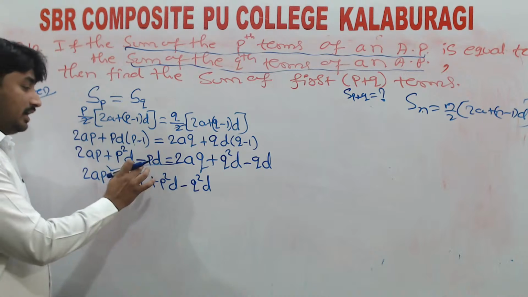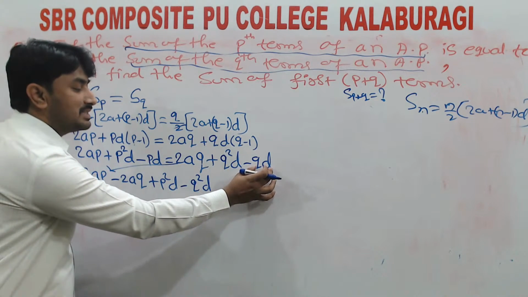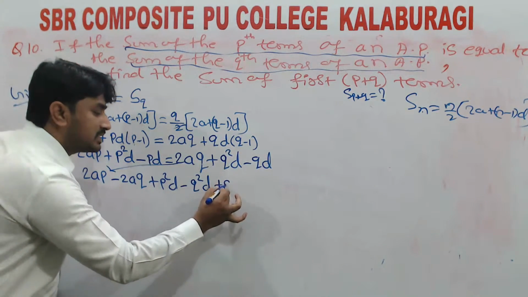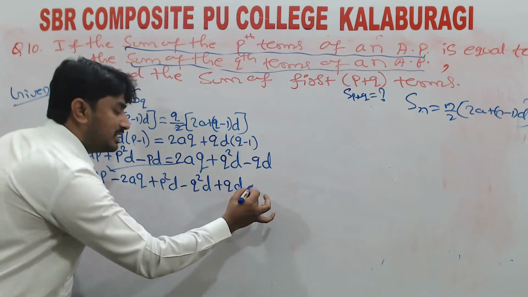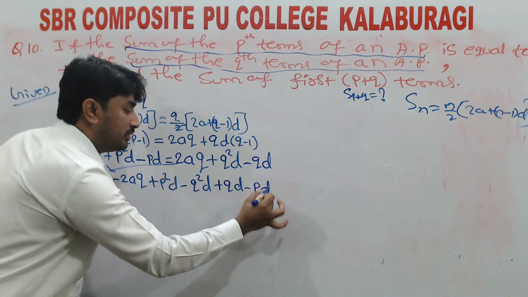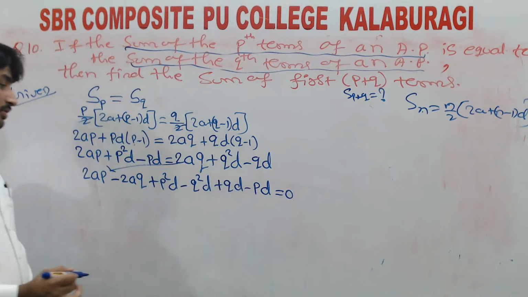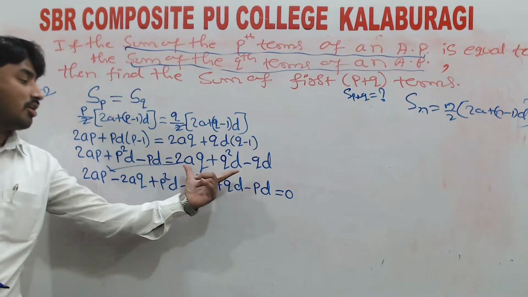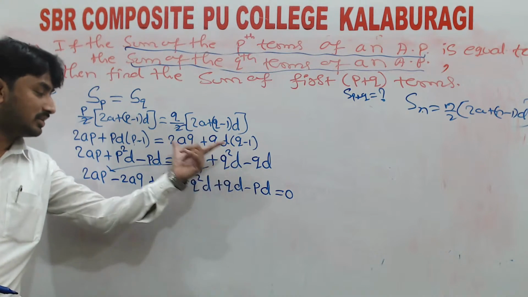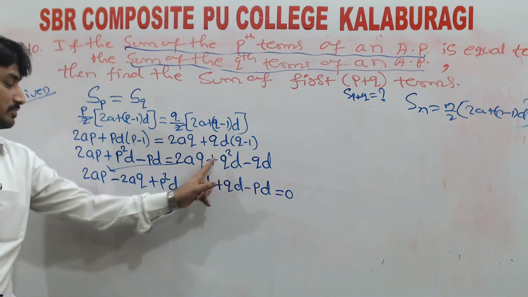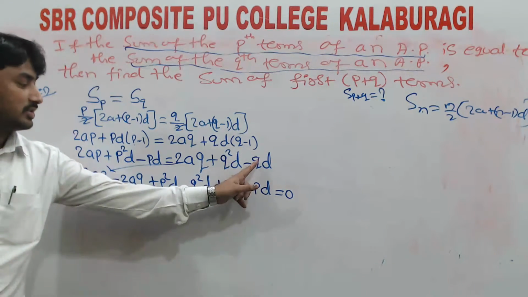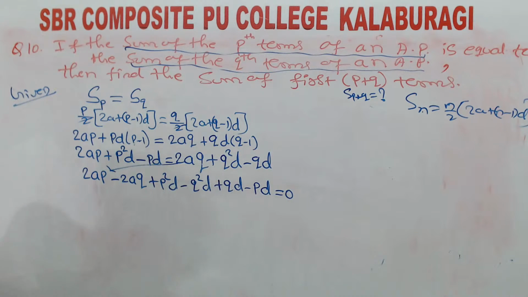Next, minus qd on the RHS becomes plus qd on the LHS, and the negative term pd is as it is, equal to 0. What I have done here is take all the RHS terms to the LHS side: plus becomes minus, minus becomes plus, and a negative term becomes positive.